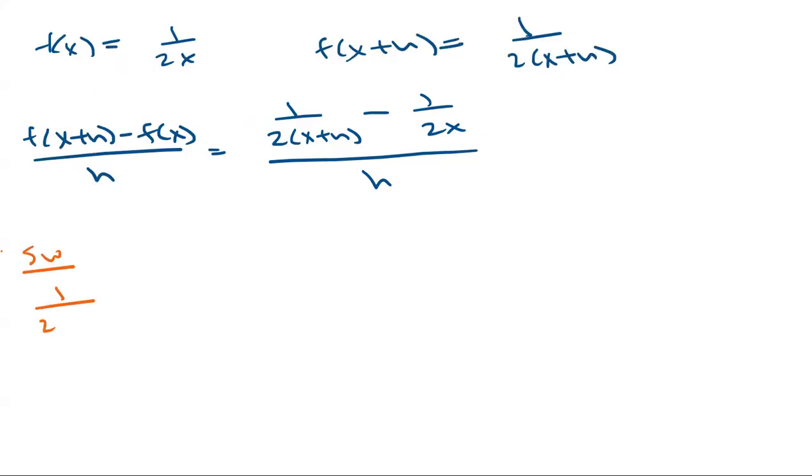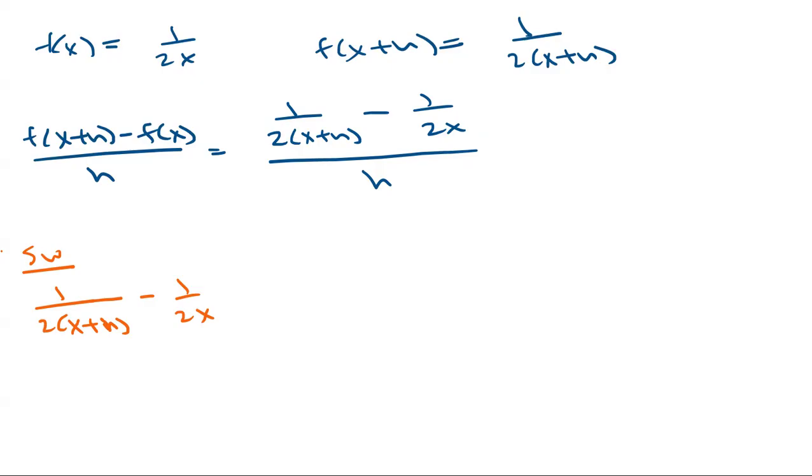So I have 1 over 2 times x plus h minus 1 over 2x. Okay? So remember, just like as we're subtracting fractions, we need a common denominator in order to subtract them.